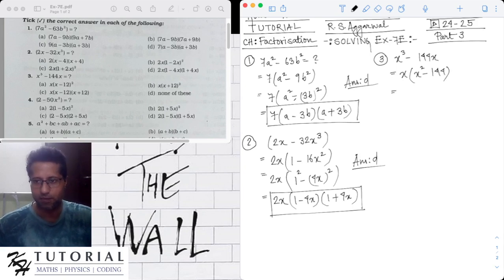Now we have to factorize x square minus 144, and we know that 144 is 12 square. So we get the a square minus b square form where a is x and b is 12. So the factorization will be x minus 12 multiplied by x plus 12. So this is the final factorization.